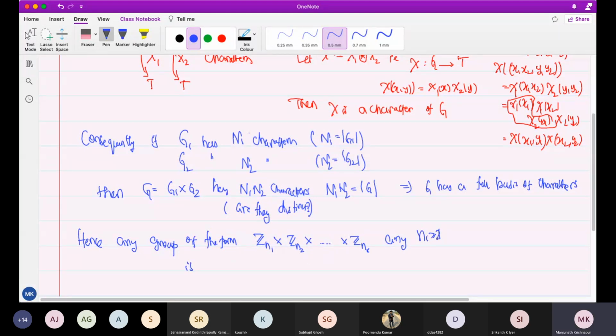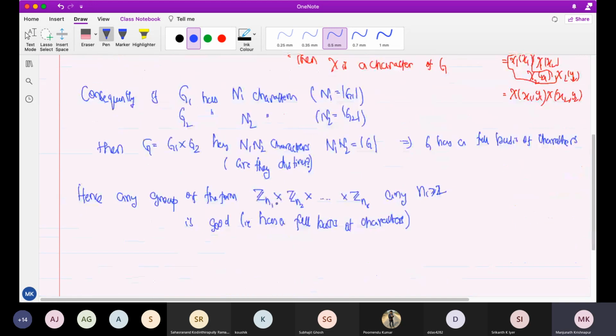There is no need to take Ni equal to 1, that's a trivial group; Ni greater than or equal to 2 is good. Any product of cyclic groups is good.